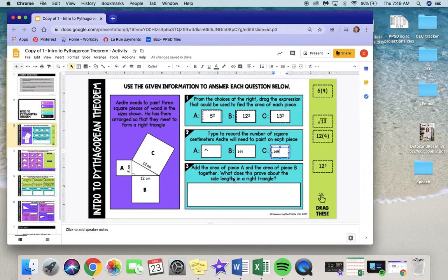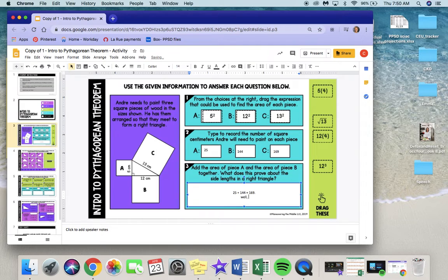Now what we need to do is add the area of A and the area of B together. If we add those together, we have 25 plus 144, which is going to equal a total of 169. So what does that prove about these side lengths in a right triangle?